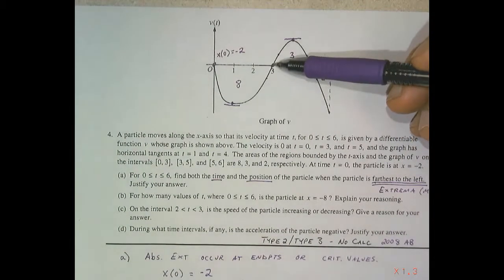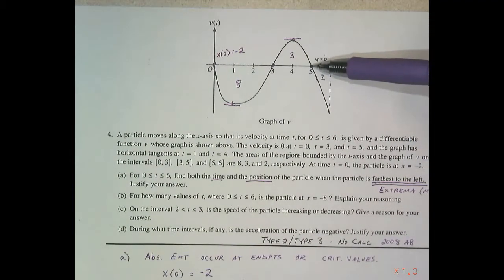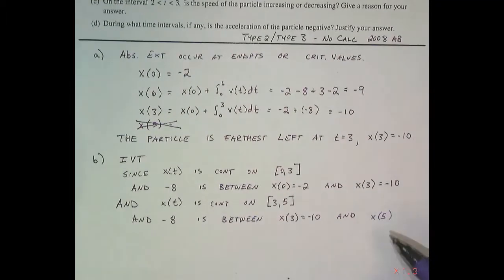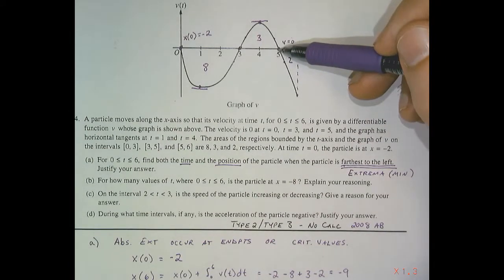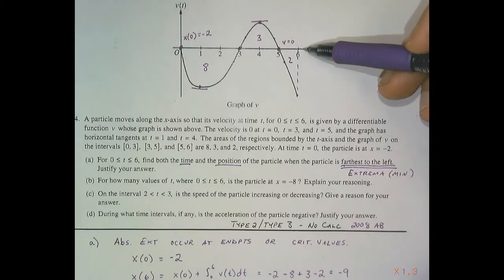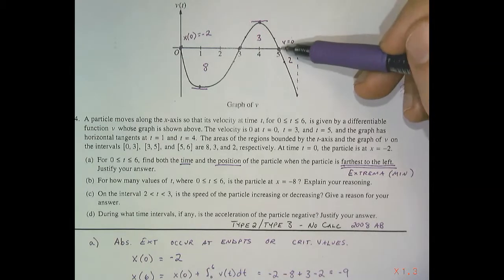If the position was negative 10 here and we've accumulated 3 more units, we would go up to negative 7. So negative 7. So we passed through it twice, and then from 5 to 6, we go from negative 7 position to negative 9 position. Sorry, yeah, negative 7 to negative 9.